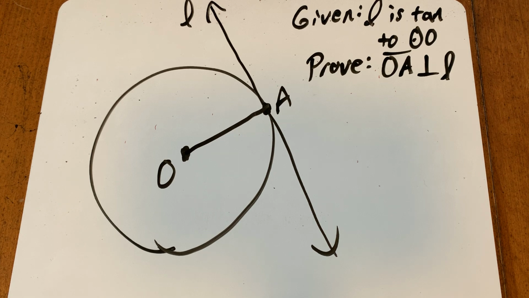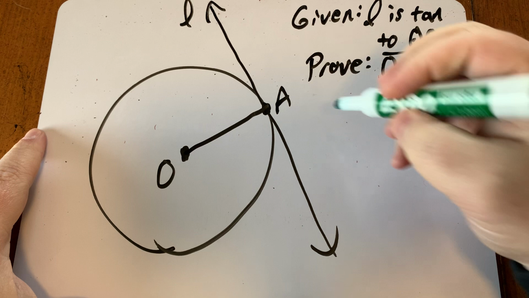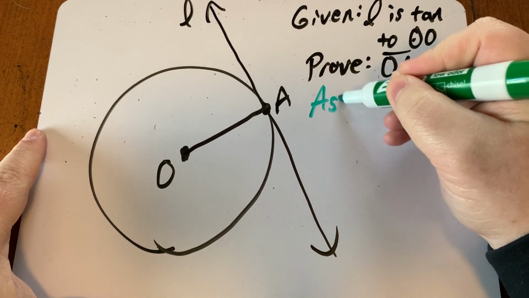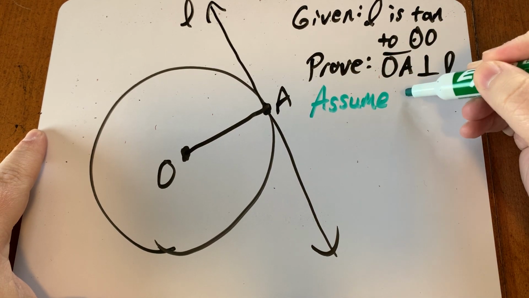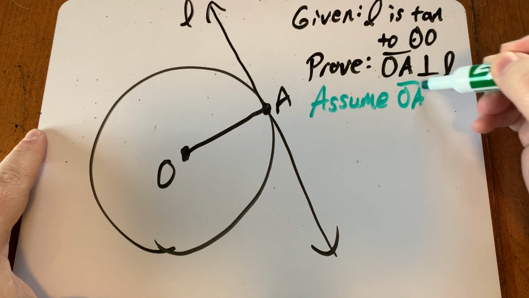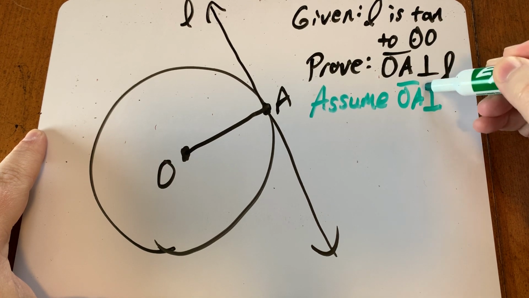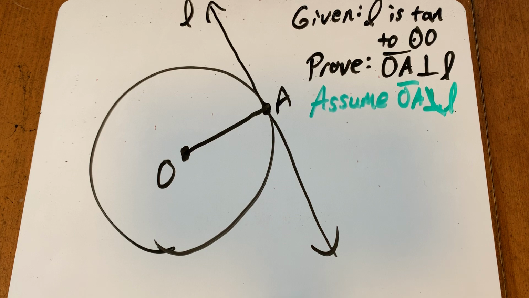And the best way to show this is with an indirect proof. And if you recall indirect proofs, we start with an assumption. We assume the negation of the proof statement. We assume the opposite of what we want to prove to be true.